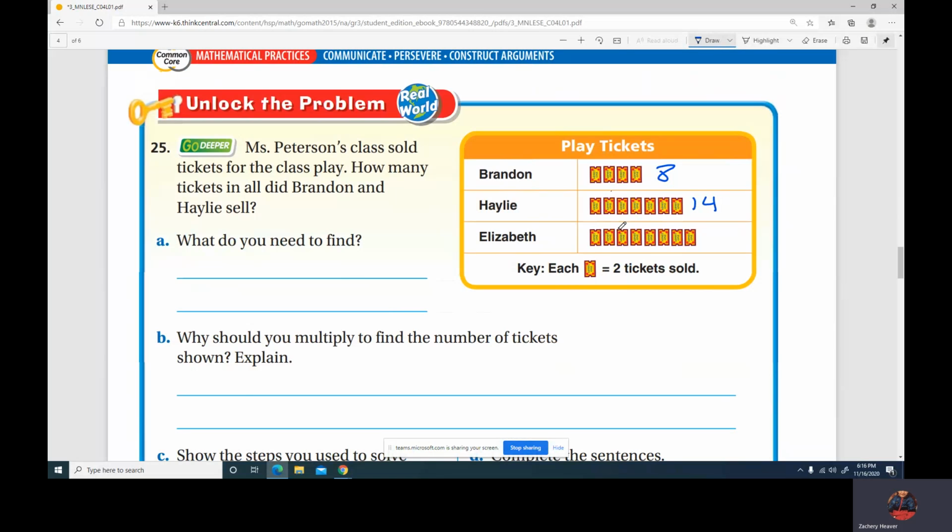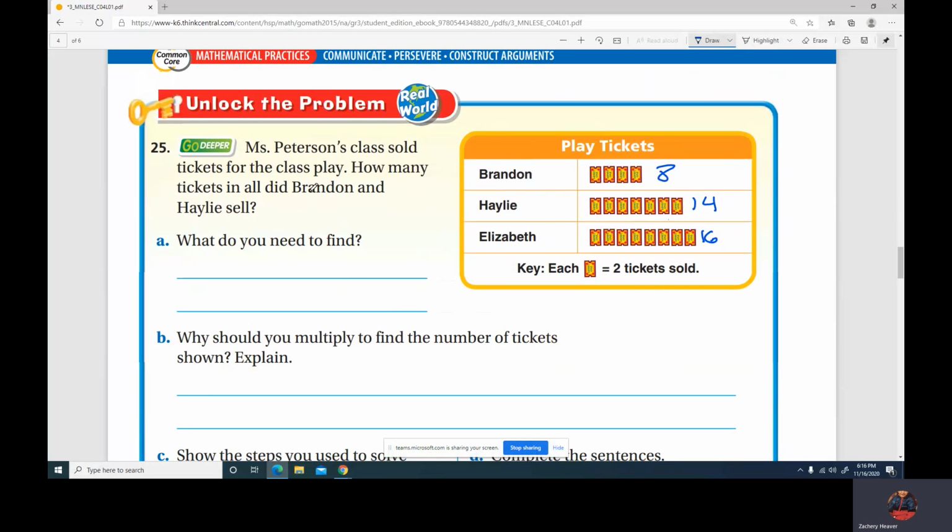Haley sold 14. And Elizabeth, she sold 2, 4, 6, 8, 10, 12, 14, 16. I almost made a mistake like you guys make sometimes. So we've decoded our graph. We know exactly how much they have.